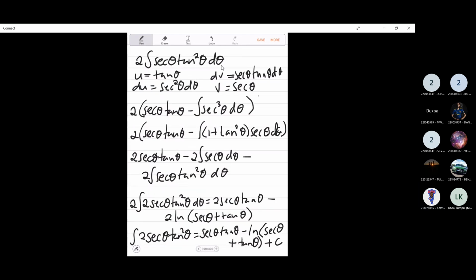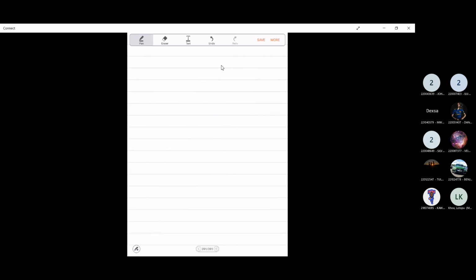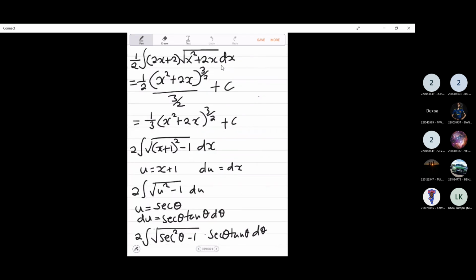Okay, so doing that, remember the substitution we made. What was the substitution? We said that u is x plus 1 and u is sec theta.